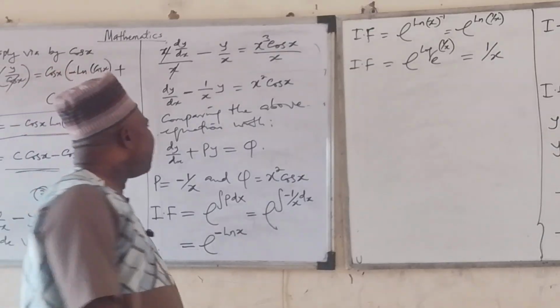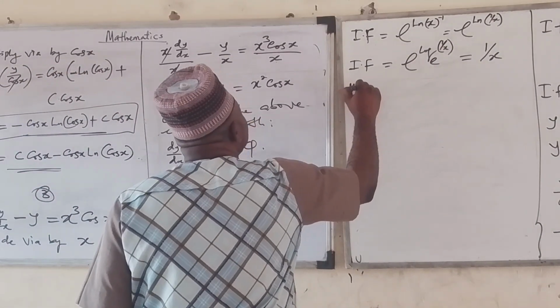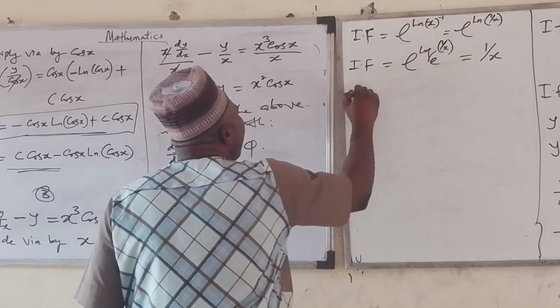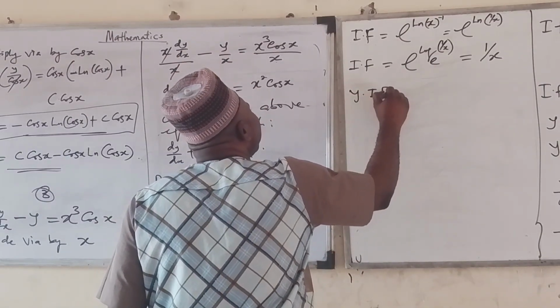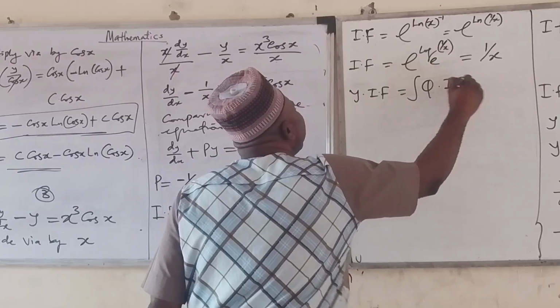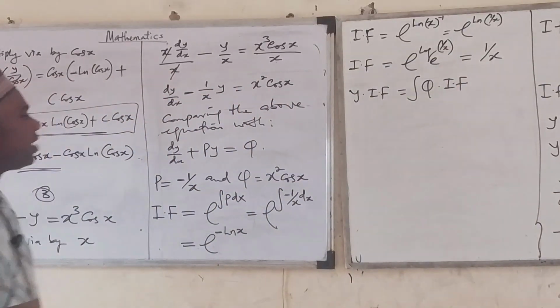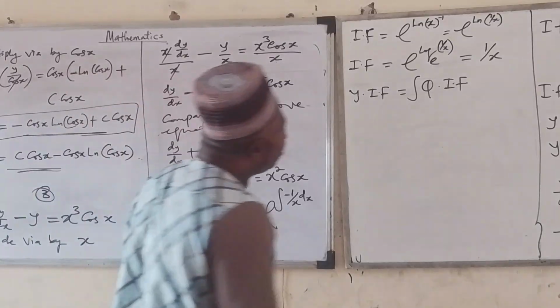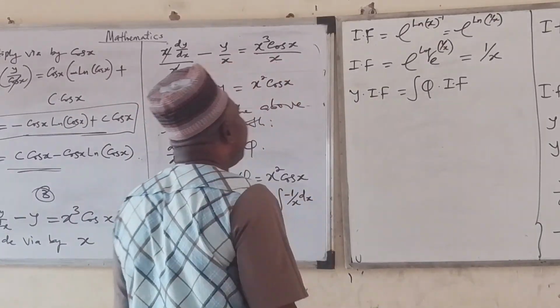So the next step is to multiply through. We bring out the equation that y times the integrating factor is equal to integral q times the integrating factor.